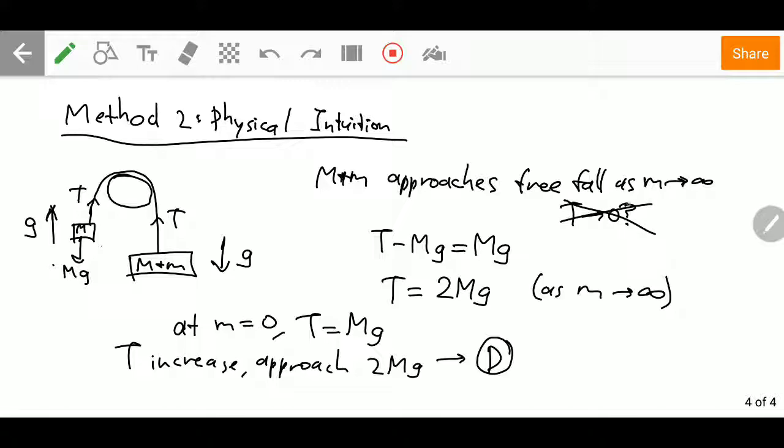You should not fall for that temptation, because it's also possible, and indeed true, that the tension approaches some non-zero value that becomes negligible compared to the gravitational force, which is (M + m) times g. As we can see in this problem, the tension approaches 2 times big M times g, but that is nothing in comparison. So that's not 0, but it's nothing in comparison to (M + m)g.